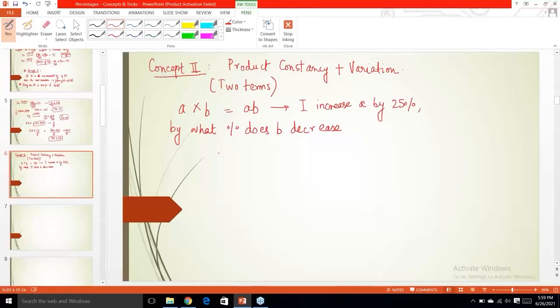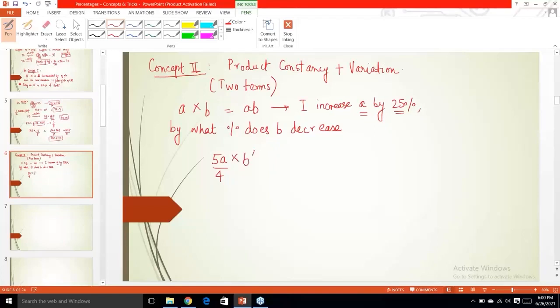So let us say I increment A by 25%. I introduced you to the previous concept where I said if a number is increased by 25%, it becomes 125% of itself. So can I write that A becomes 5A by 4? I can write this. 5 by 4 is 125 by 100. So A becomes this. Suppose B becomes B dash.